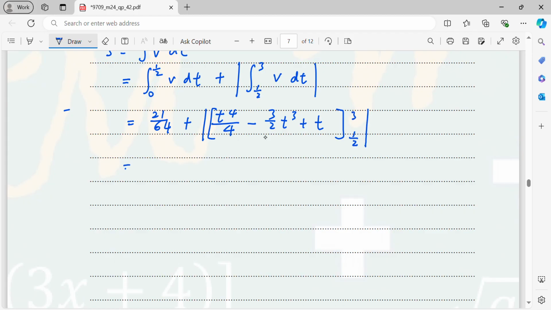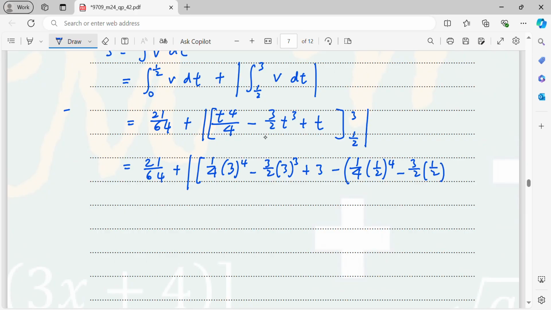Okay, so now we just need to do the calculation for the next part. Replace the t by 3 first: 1 over 4 times 3 to the power 4, minus 3 over 2 times 3 cubed, plus 3, minus, when t is half: 1 over 4 times half to the power 4, minus 3 over 2 times half to the power 3, plus half.